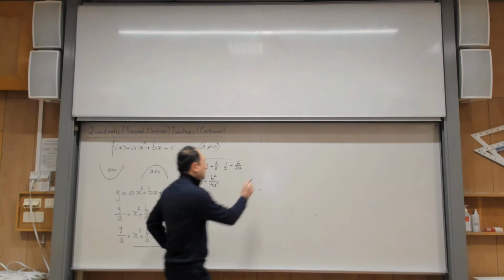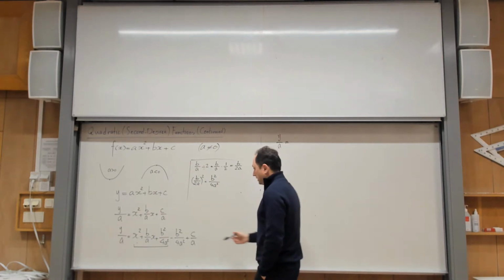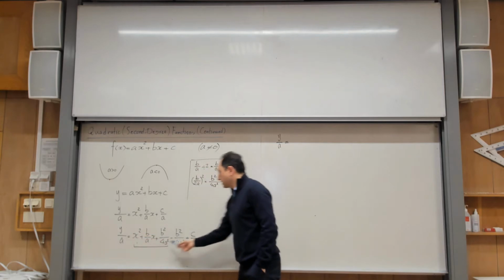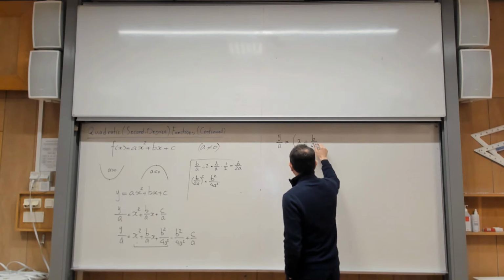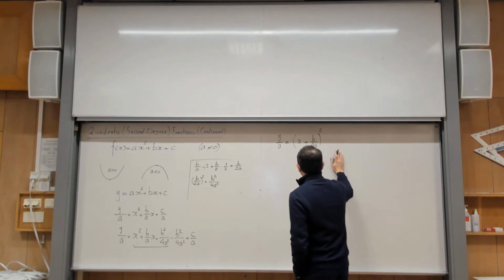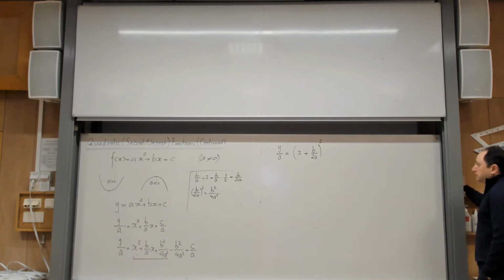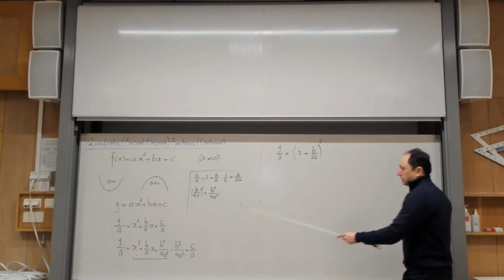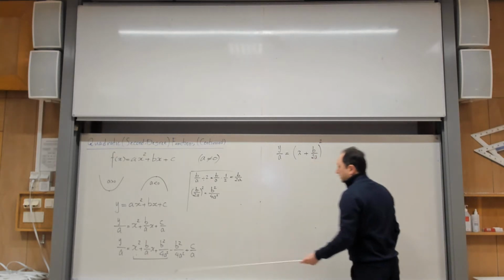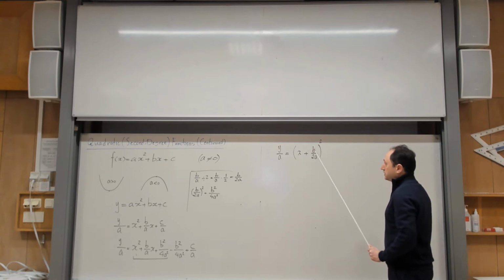So this becomes y over a is equal to, if I ask you what can I write instead of that, you would say x plus b over 2a, all to the power of 2. We can double check that. Why is that true? Because if I raise it to power 2, x squared appears there. 2 times the first one is 2x, times b over 2a.